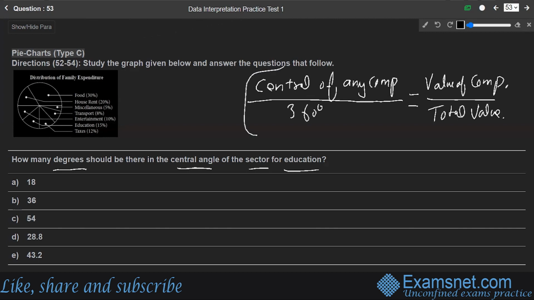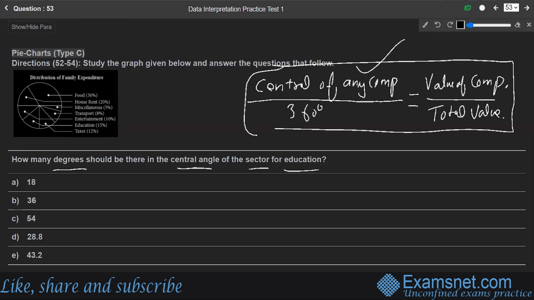This is how the angles are related in a pie chart.